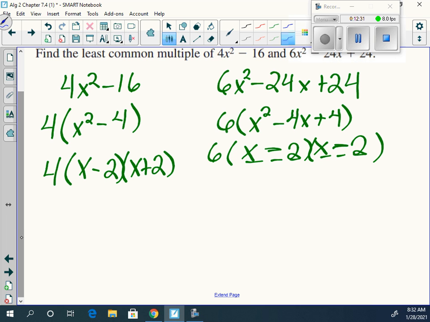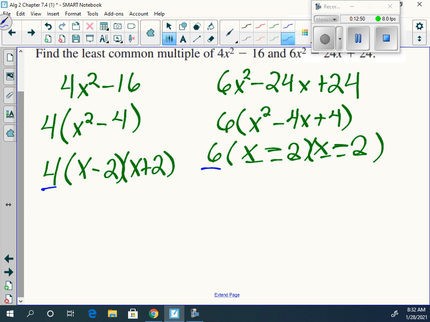Now, for this here, most of the sets of parentheses are actually going to work out pretty easily. We'll look at 4 and 6, then we'll look at the sets of parentheses. For 4 and 6, we need to see what is the first number that I can make both of these into.